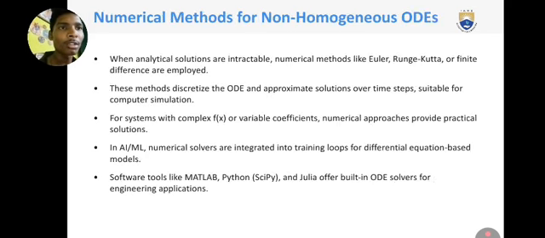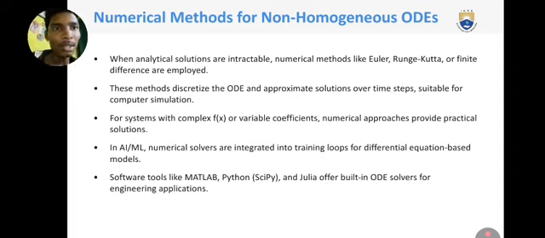Numerical methods for non-homogeneous ODEs. When analytical solutions are infeasible, numerical methods like Euler, Runge-Kutta or finite difference are employed.